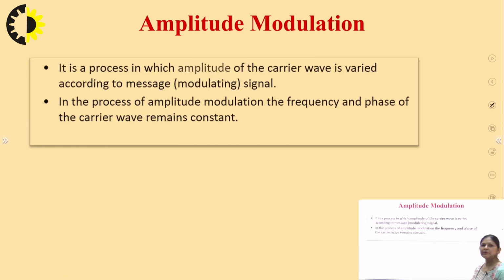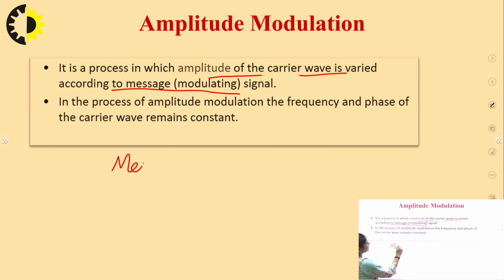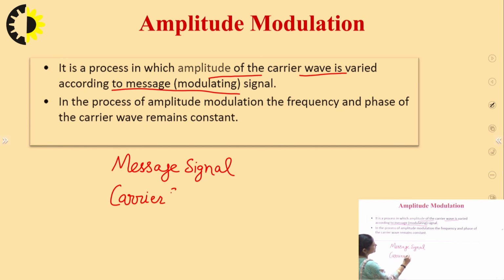Now, what we mean by amplitude modulation? It is the process in which amplitude of the carrier wave is varied according to the message signal, that is the modulating signal. Now in modulation, two types of signals are there. One is the message signal, or the signal that we want to transmit, and another signal that is called carrier signal.